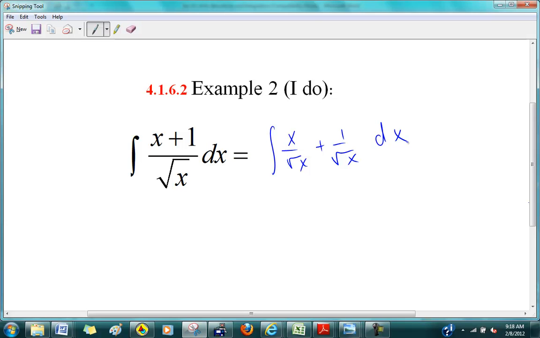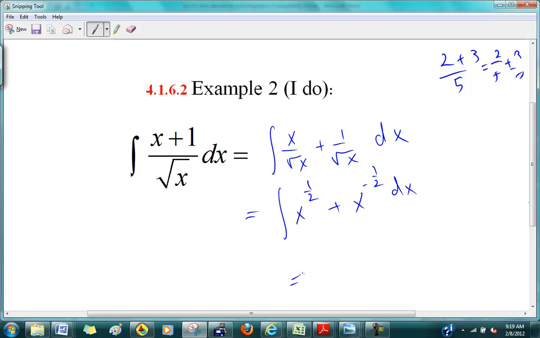You can divide the denominator into each one of the top parts, just like you can do for this. Same concept. And can someone convert these to powers now? X over the root x. Nice, good job. And 1 over root x. Nice.